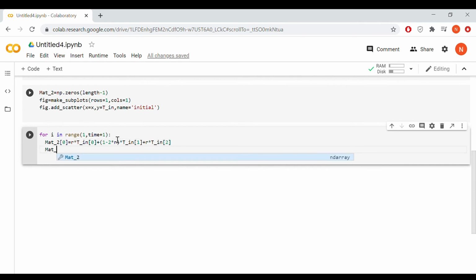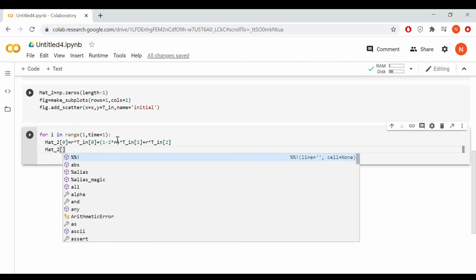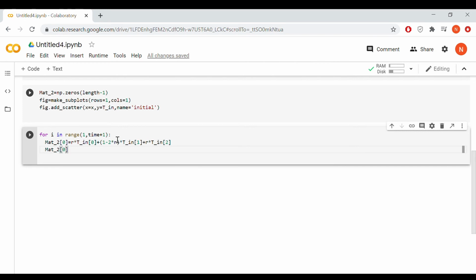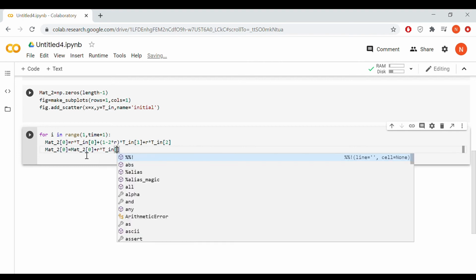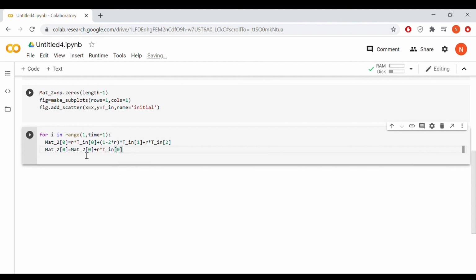Okay, and then we want to do n at 0 equals this plus r times t_n at the 0 position.